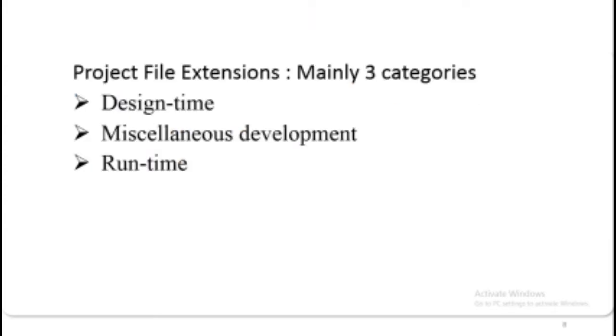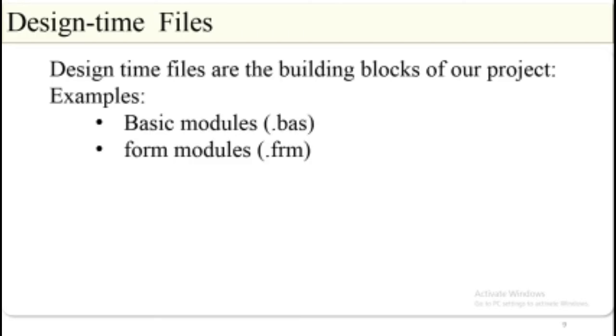There are mainly three categories of file extension names in VB.NET. They are design time extension name, miscellaneous development extension name, and runtime extension name. The design time files are two main types: basic module and form module.